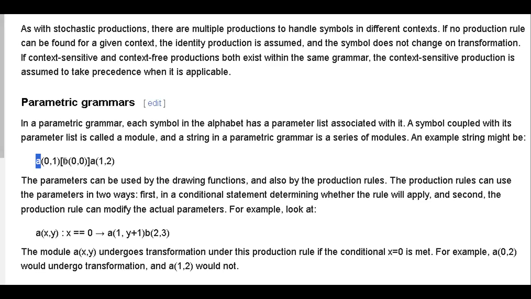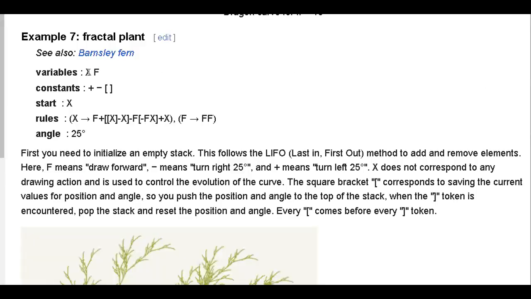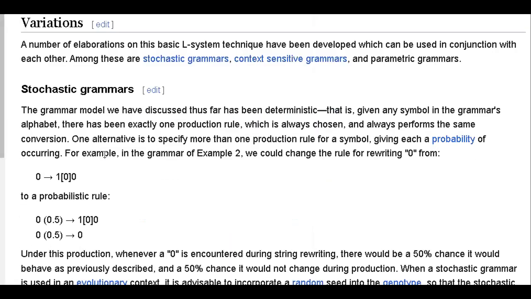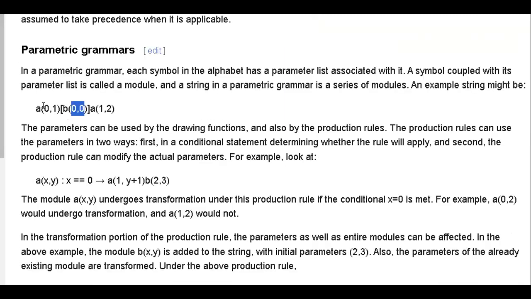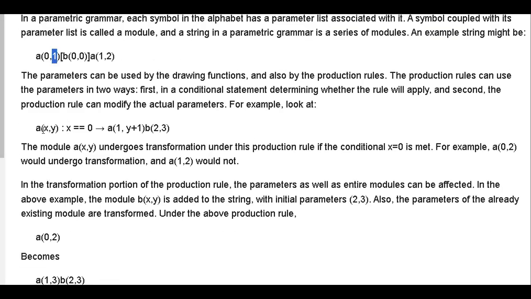These are the symbols in our alphabet, and you can define these symbols with these kinds of parameters. Earlier we didn't have those parameter type grammars, but you can consider defining grammars with parameters like this. Let's say this is x coordinate and y coordinate, and you can define a rule like this here.